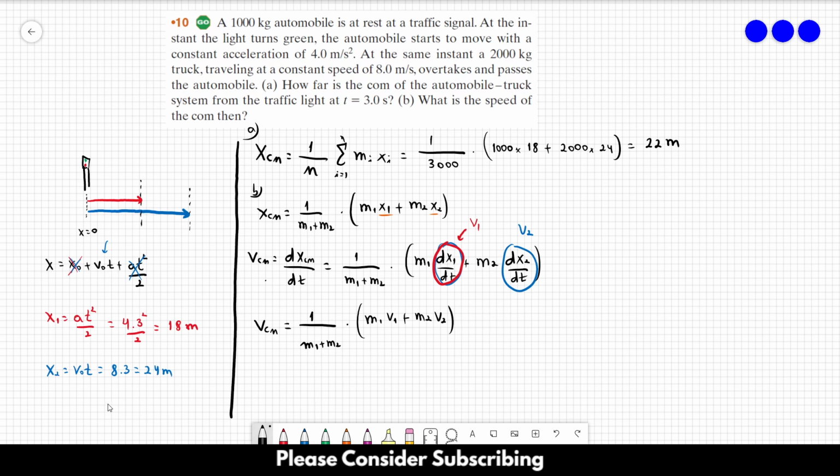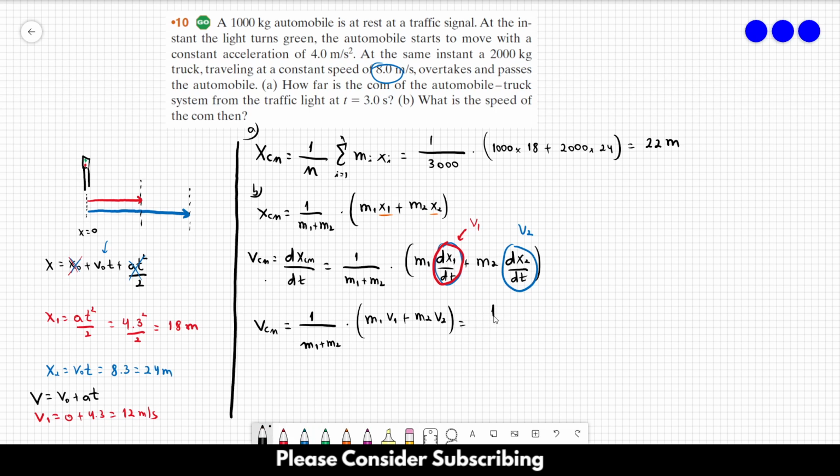If the acceleration is constant, the speed is given by v0 plus a t. So the speed of the car is equal to its initial speed, which is 0, plus the acceleration, 4, times 3. This gives us 12 meters per second. And the speed of the truck is constant, which is equal to 8.